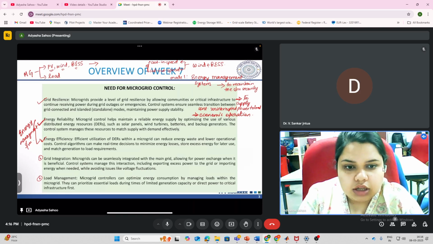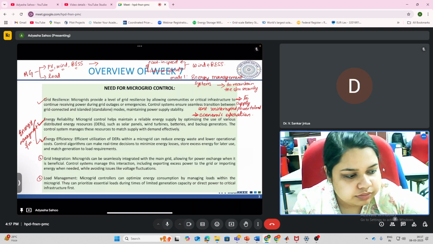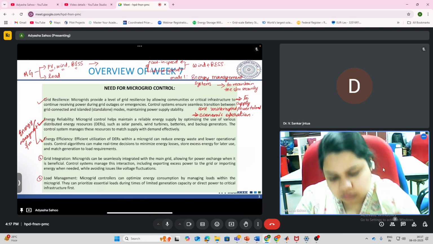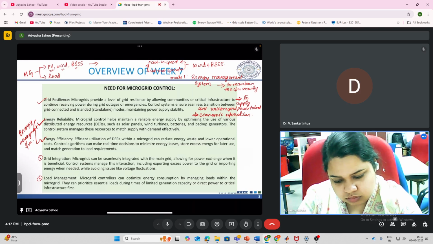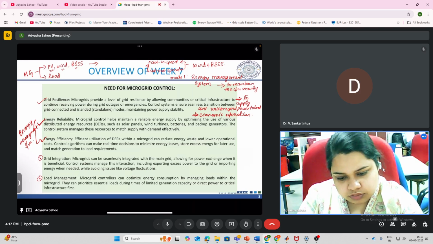And similarly, if you have excess energy than the load, then you can charge the battery if you have one. Otherwise, you have to go for curtailment. So all these functions, you need to have control actions with you.